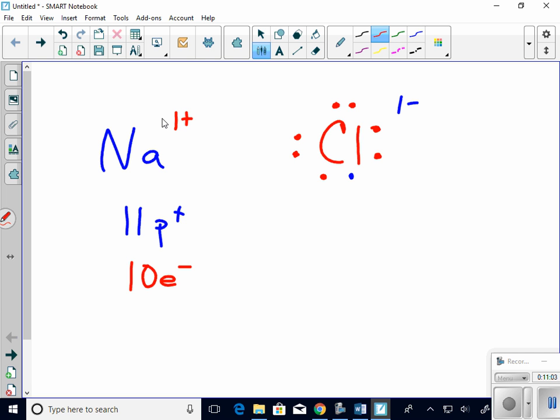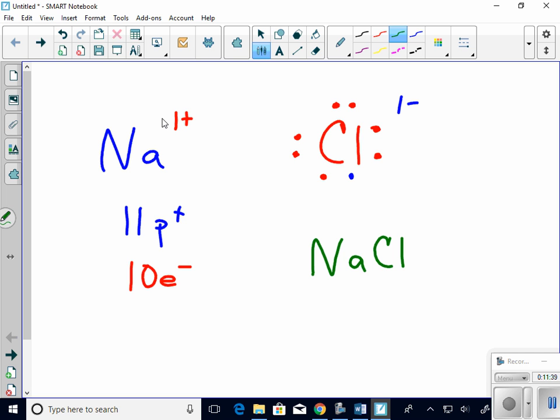Well, when I'm naming and writing formulas, my charges have to equal 0. If I'm using sodium, a +1 charge, and the chloride ion, a -1 charge, does that equal 0? +1 -1? Yeah. So when I am writing the chemical formula, it is going to be sodium chloride, NaCl.